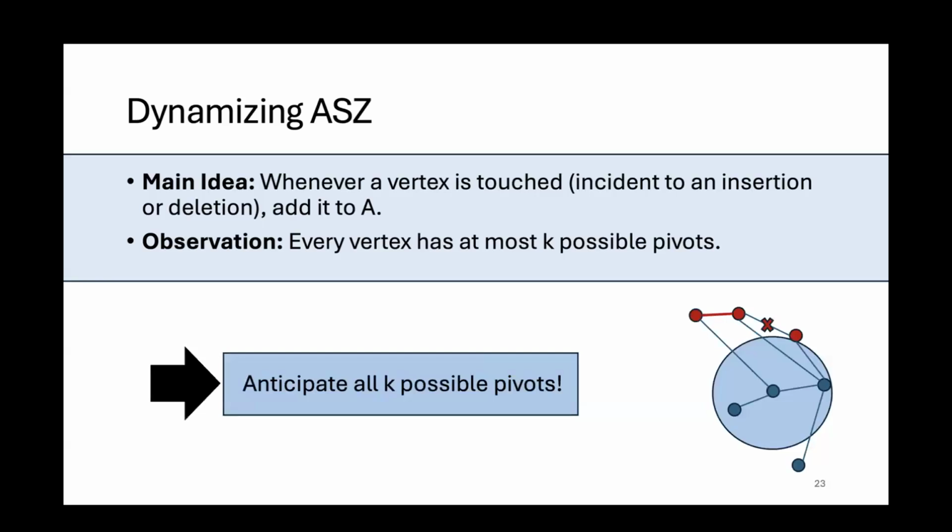And this then in turn makes us want to anticipate all k possible pivots and add the shortest paths to these pivots as extra paths from the start.